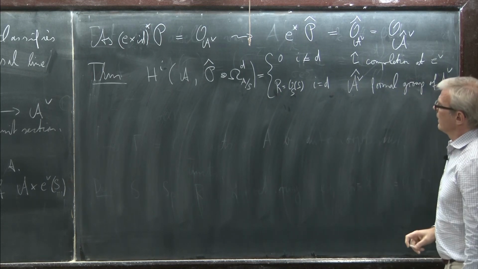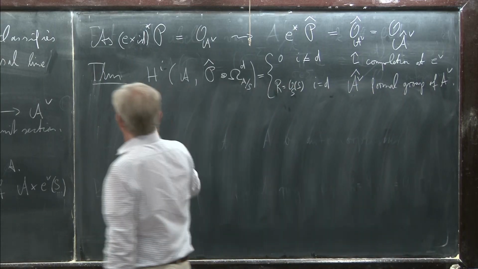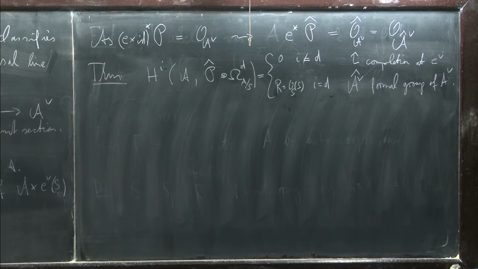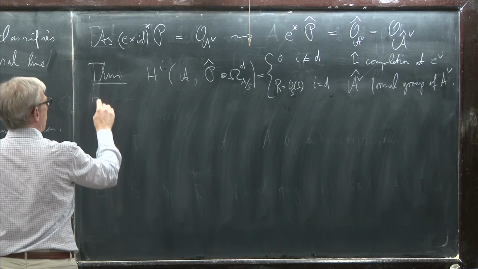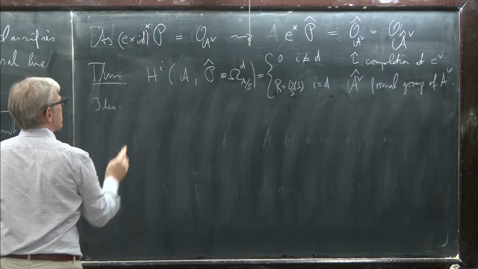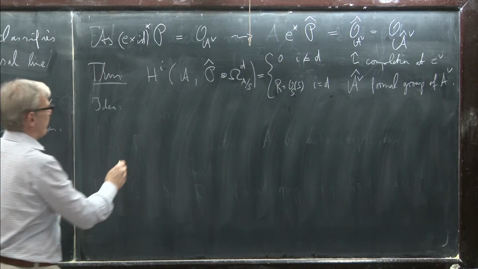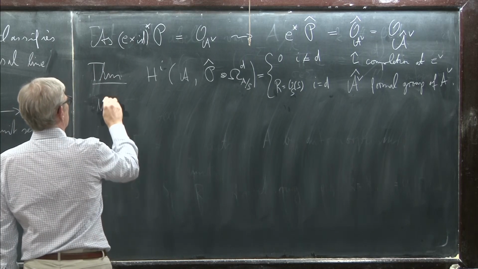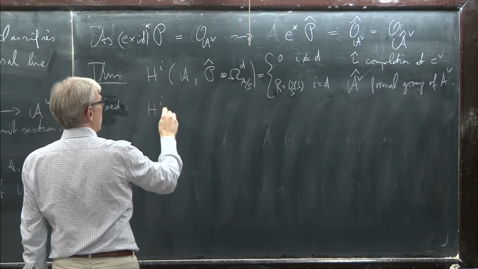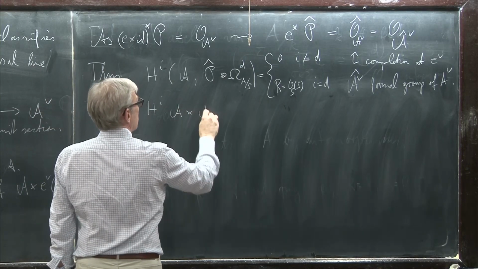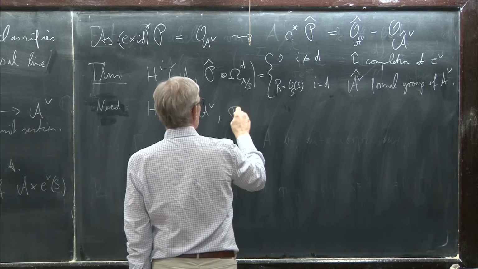Yeah. So this theorem is not completely trivial to obtain. You need some deeper inputs. So the first thing, or maybe not ideal, but you need first of all the known cohomology of the Poincaré bundle.